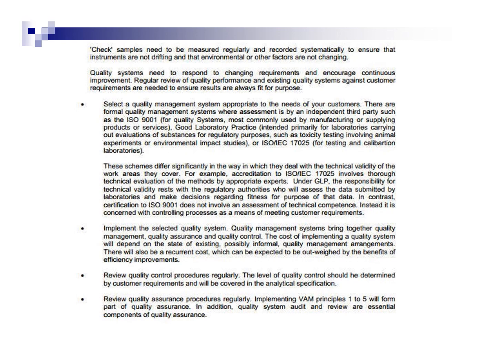So class, when we talk about QA and QC in principle number 6, basically check samples are usually measured regularly and recorded systematically, so that if there are any false results or any problem, we can trace back all that.